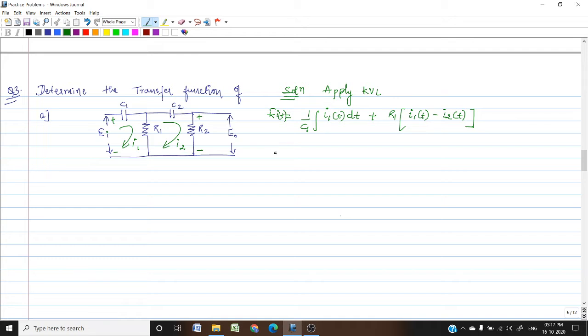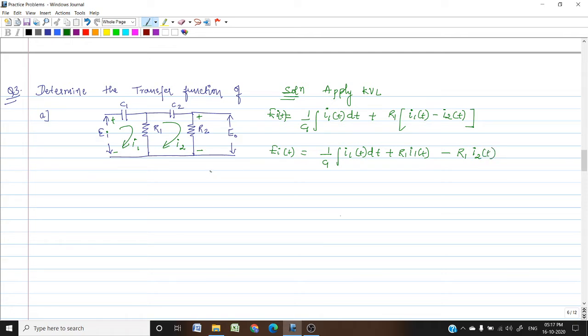So I'll just simplify this equation. Ei of t is equal to 1 by C1 integration I1 of t dt plus R1 I1 of t minus R1 I2 of t.